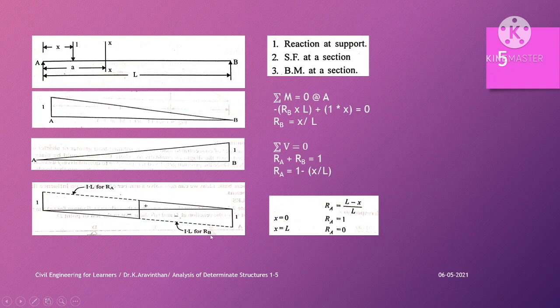So both the things were added here. So this is the influence line for RA, this is the influence line for RB. So if you connect this, wherever you want to find the shear force, you can find the shear force by using this diagram. Okay.